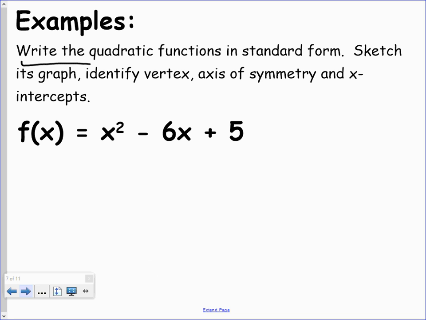So here's an example. And I'm not going to do all this stuff, which is graphing and identifying those things. You could do that based on our first example. We basically want to write this quadratic function in its standard form. So this standard form is the new standard form: y equals a times the quantity x minus h squared plus k.